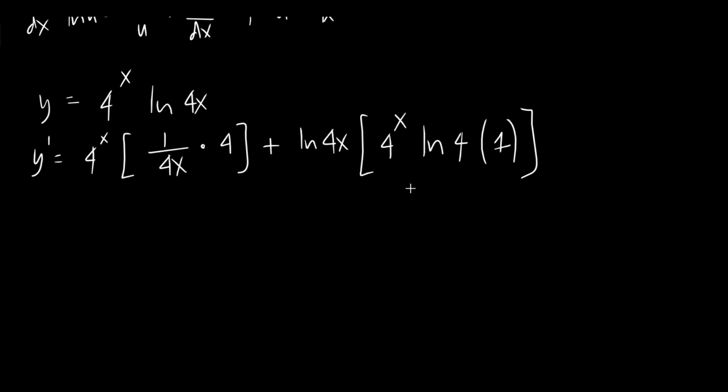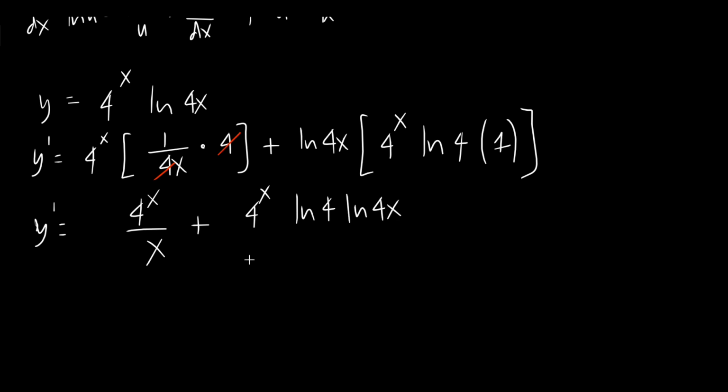Let's simplify this one. We have y prime is equal to, we'll cancel 4. The remaining will be 4 raised to x all over x, plus 4 raised to x ln of 4 ln of 4x.